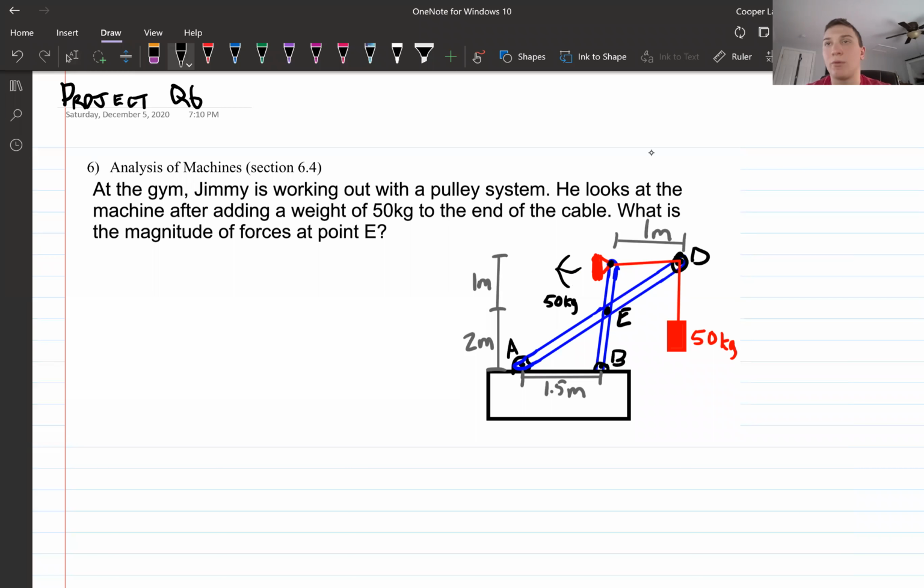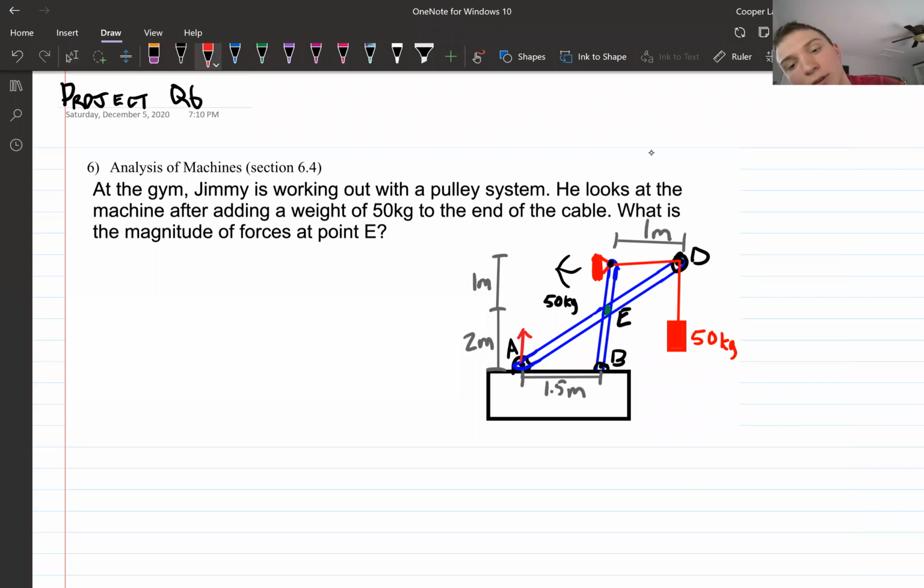So what we're first going to have to do is try to figure out our forces at point E. The first thing I'm going to look at is how I can start solving for E and everything like that. So I'm going to add in my reaction forces, which are here.